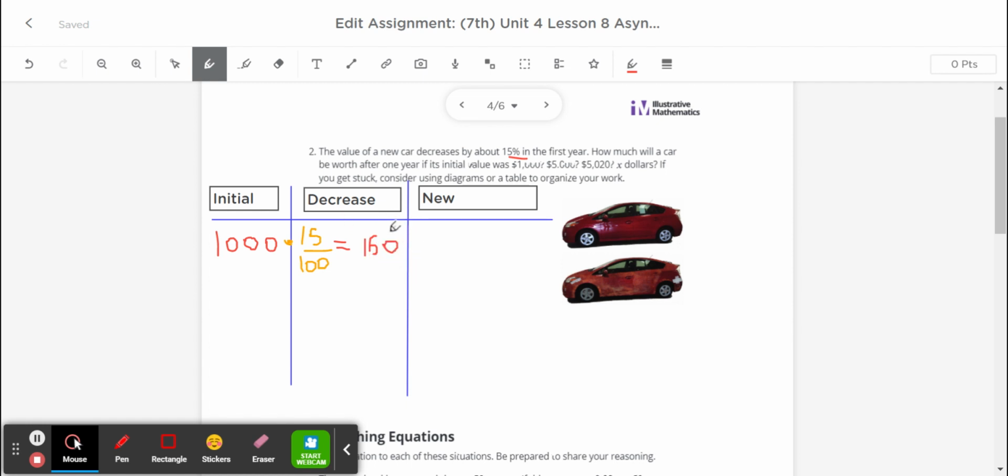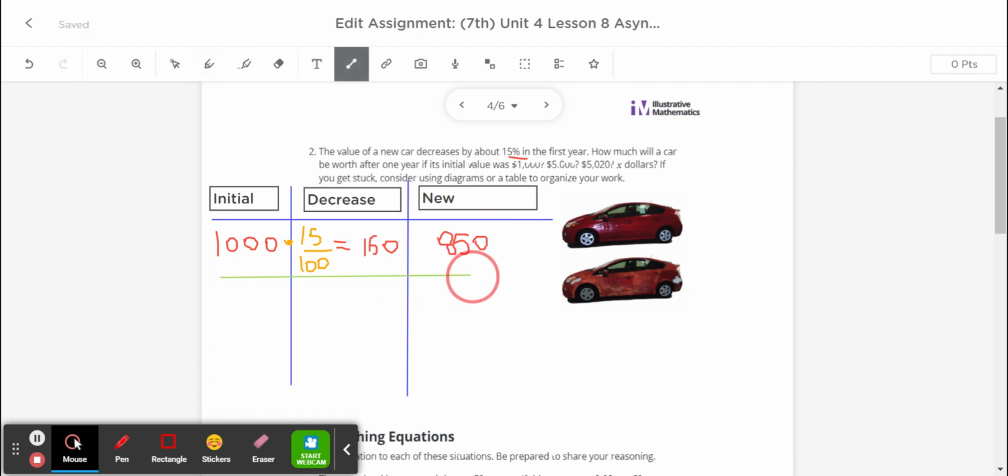And so if the value of my car decreased by $150, I know that my new amount is just 1,000 minus 150, which is going to be $850.